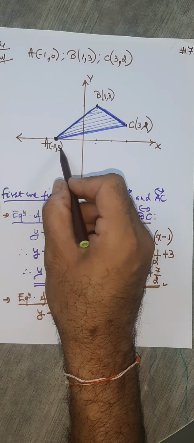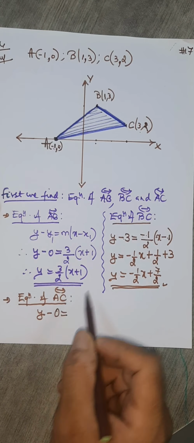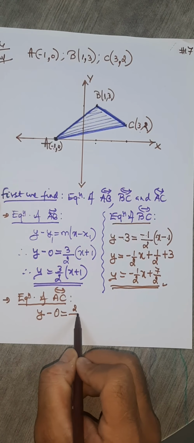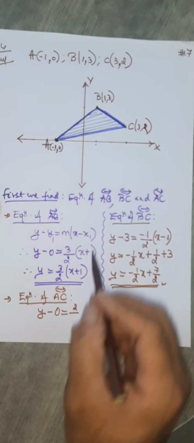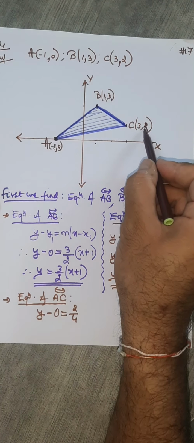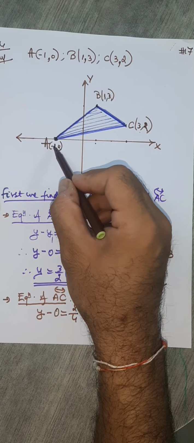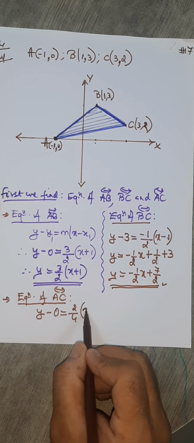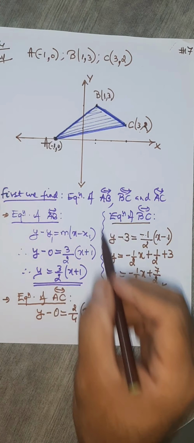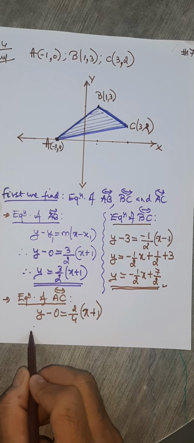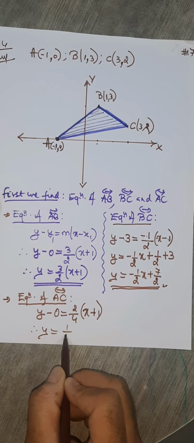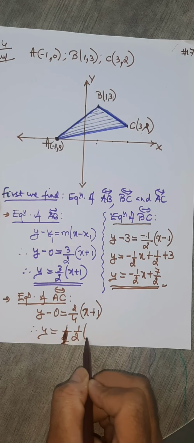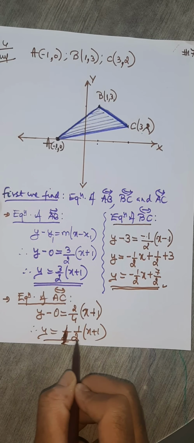So y minus y1, 0, equals slope, 2 minus 0, which is 2, upon 3 plus 1, which is 4. y2 minus y1 upon x2 minus x1, so we'll get plus 4, into x minus x1. What's x1? That's plus 1. So we'll get y equals 1 by 2 into x plus 1. I'll just repeat this.